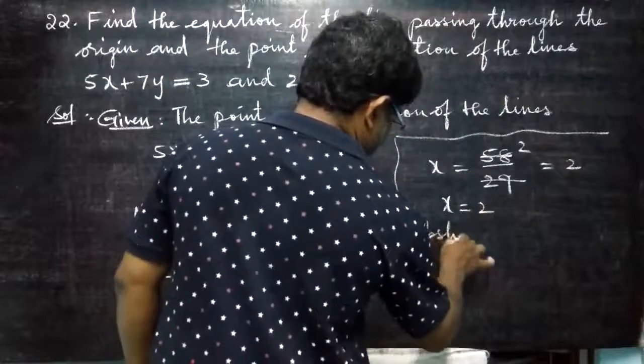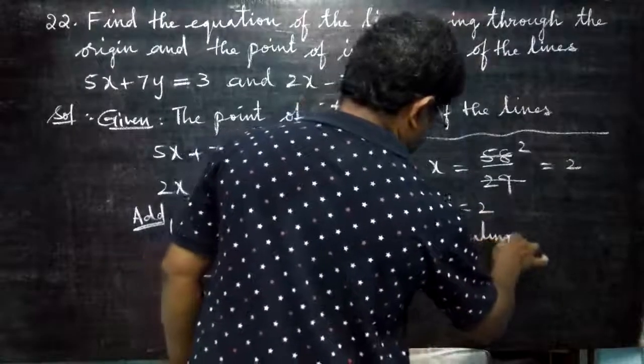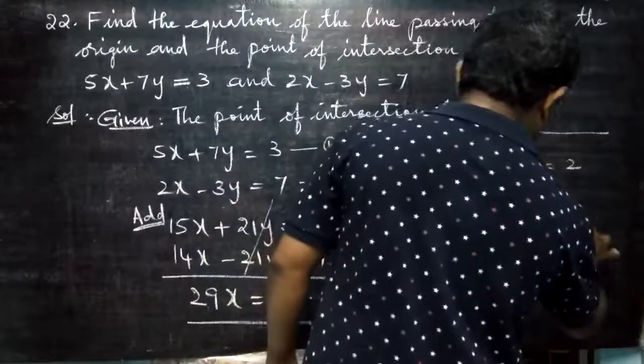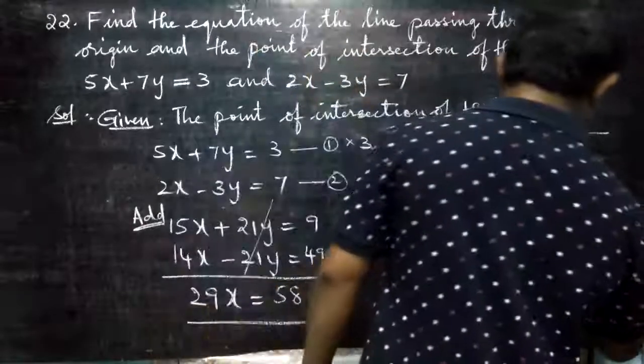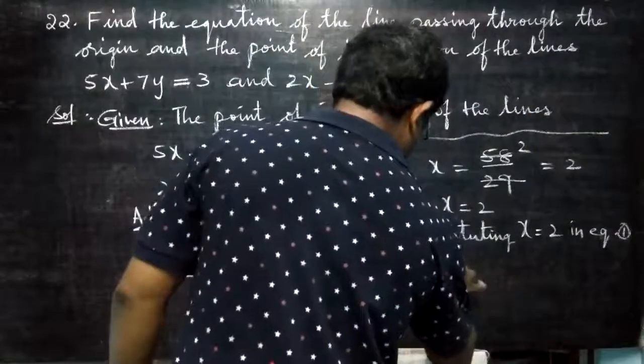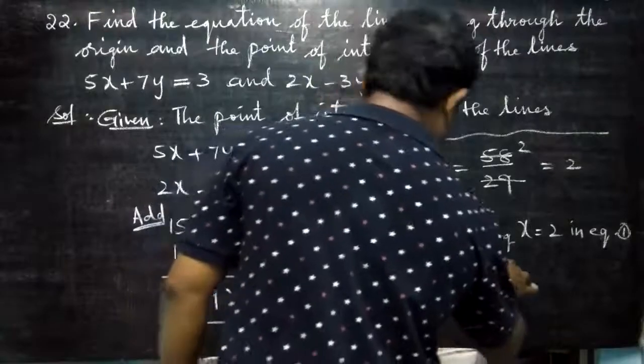Substituting x is equal to 2 in equation 1. 5x plus 7y is equal to 3.